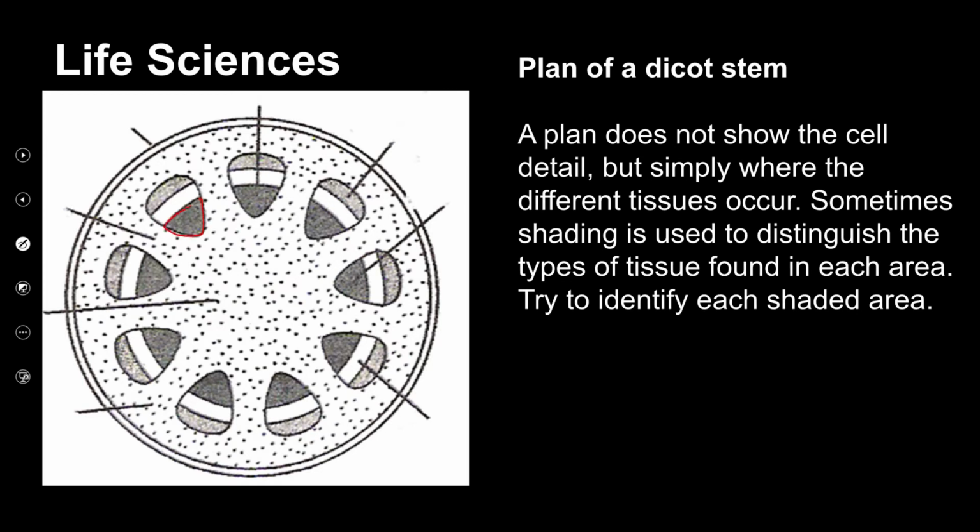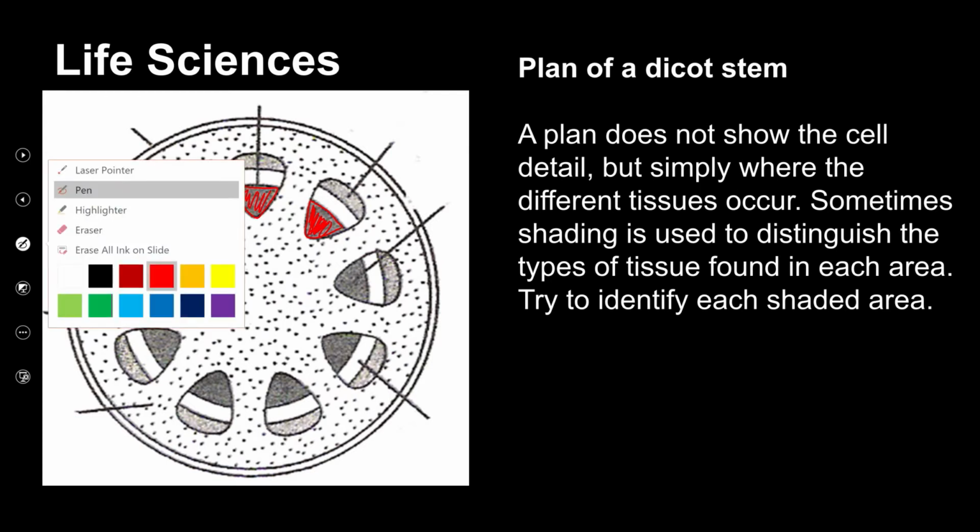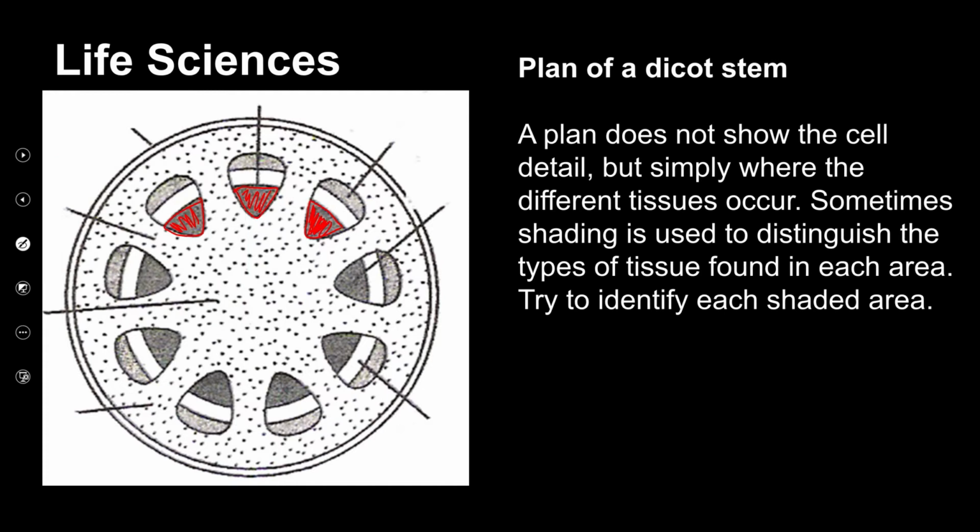First one is these things here, okay? And these, at the tip of the vascular bundles, those are patches of xylem. What else do we find in our vascular bundles? We find phloem, and that's where the phloem is found.